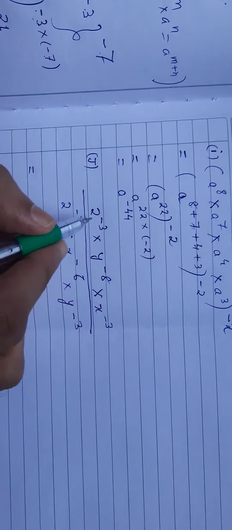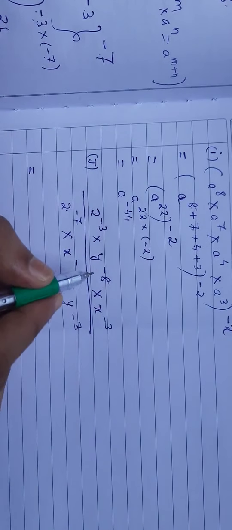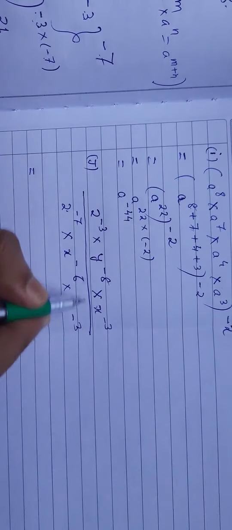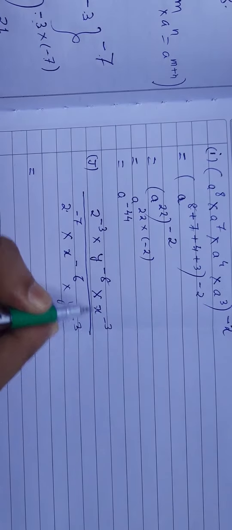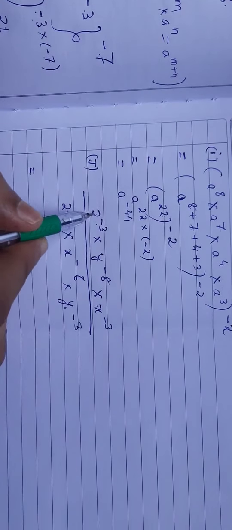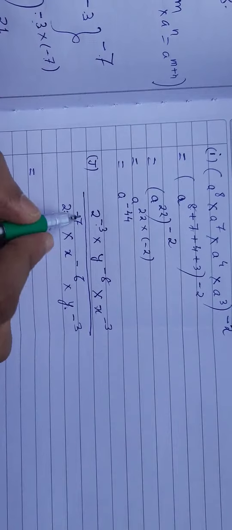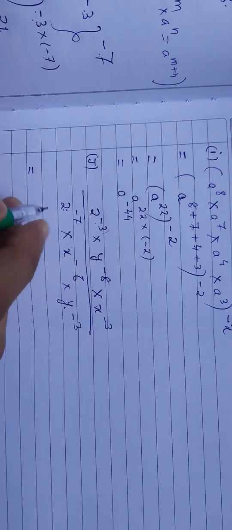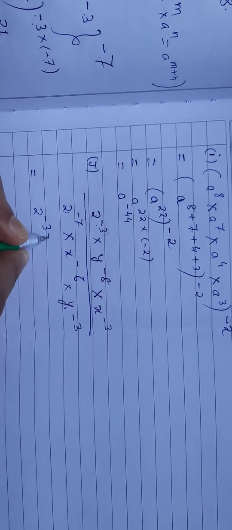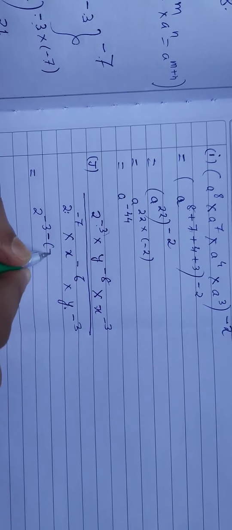Here you can see 2 and 2 bases are same, y and y bases are same, x and x bases are same. And it is of the form division. So we'll use the formula of a to the power m divided by a to the power n. If I use it for the first base, that is 2, we'll get 2 to the power minus 3 minus minus 7.